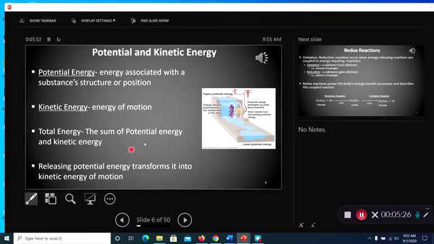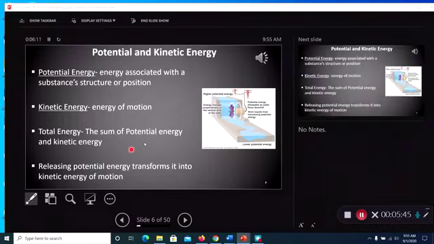So releasing potential energy transforms it into kinetic energy of motion. We need to be able to take the fat storage or the carbohydrate storage and unlock that potential energy to do biologic work, such as muscle contractions, transport, and chemical work.